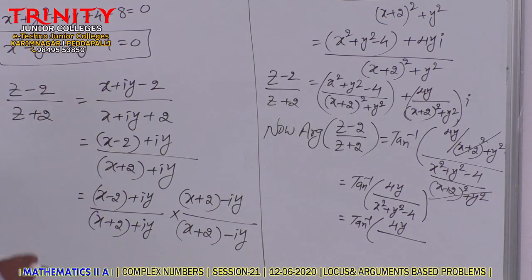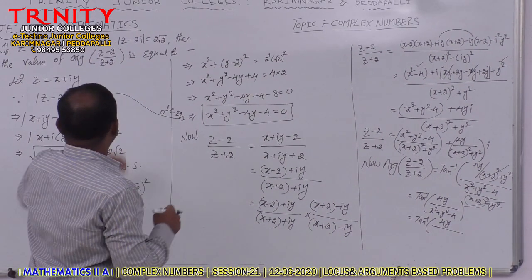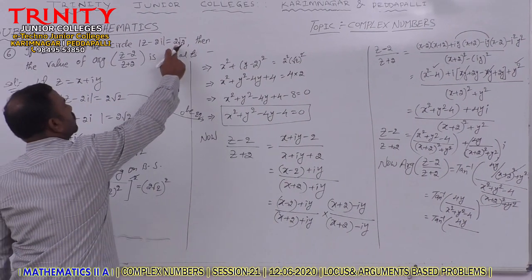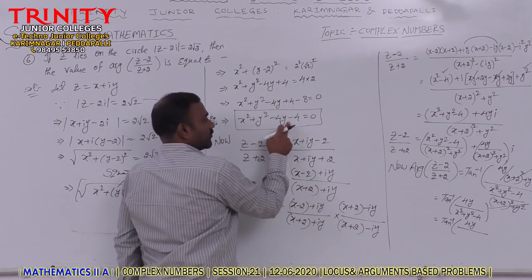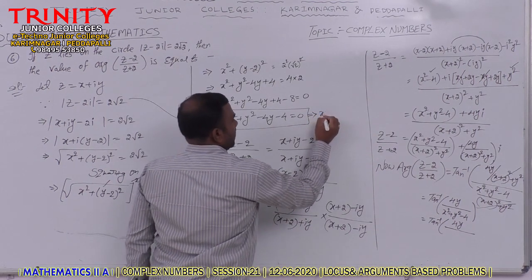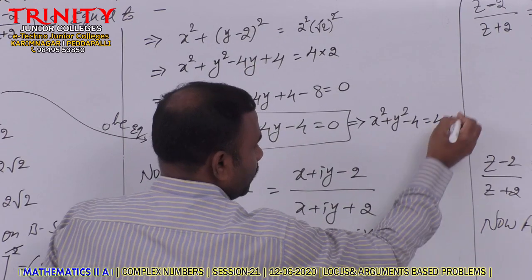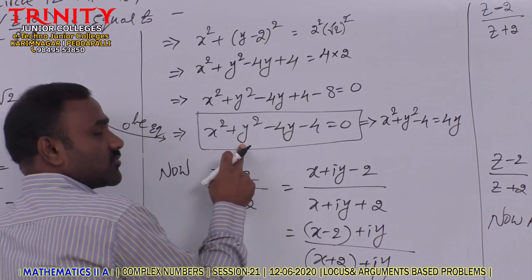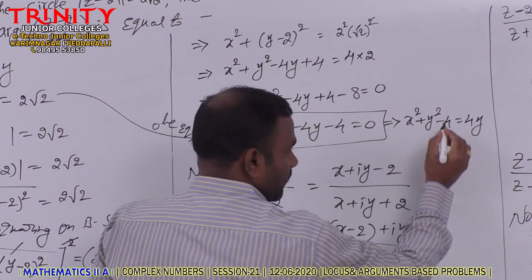Already we created one condition. The equation of the circle, by using modulus of z minus 2i equal to 2 root 2, we got x square plus y square minus 4y minus 4 equal to 0. From this we can say that x square plus y square minus 4 is equal to 4y. Take minus 4y to the right side, it becomes plus 4y.